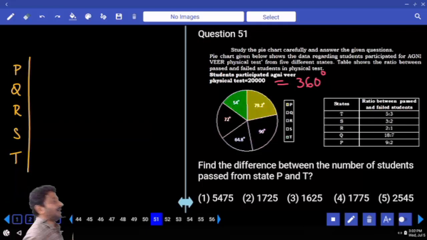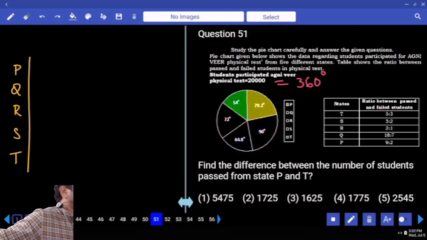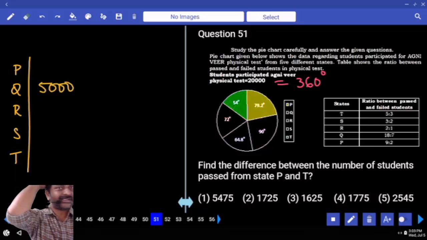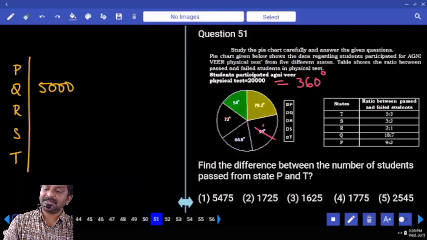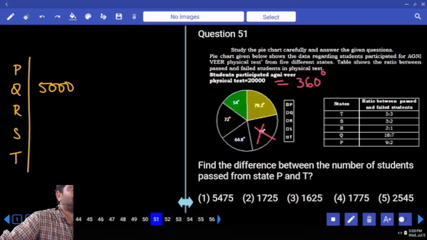Now we need to fill values for P, Q, R, S, T. Out of all the values, I would first like to take the easiest one, which is 1/4. Which is 5,000. That is for Q. Yes. Next. Out of remaining, again I would like to calculate the easiest one. 72. 20% of 360 degrees.